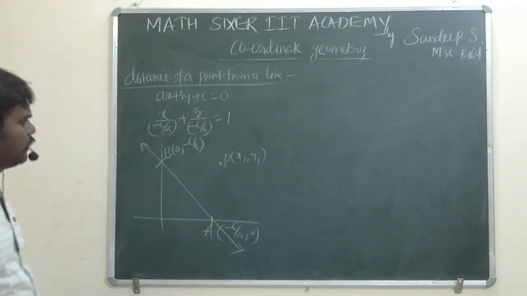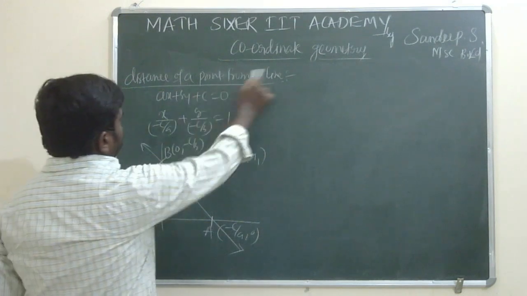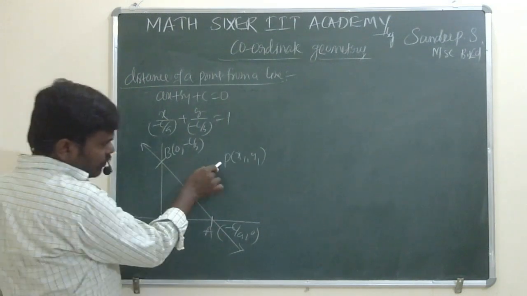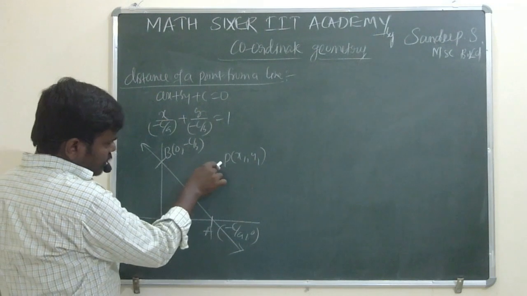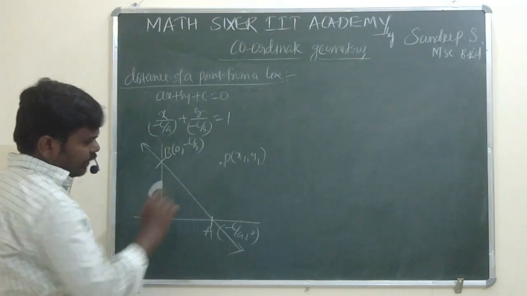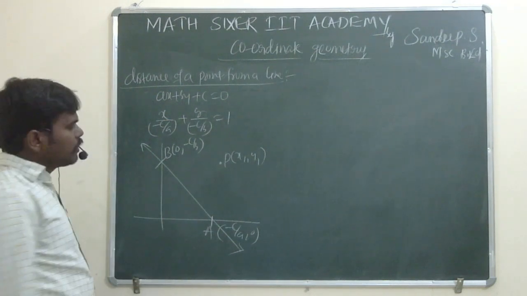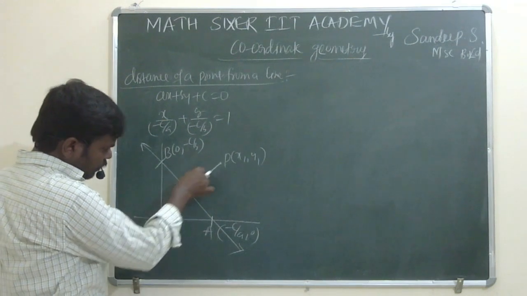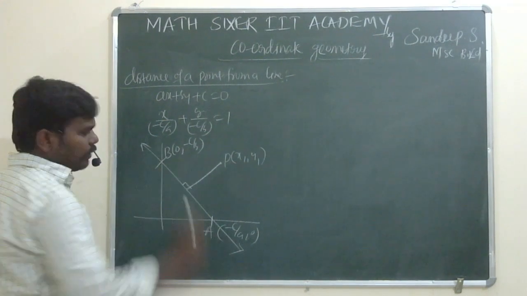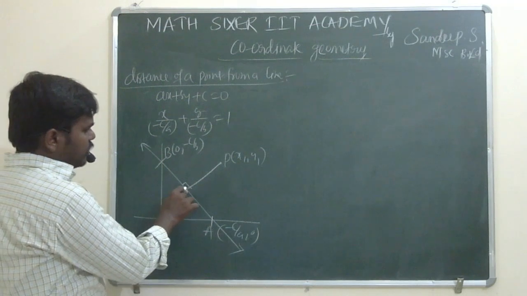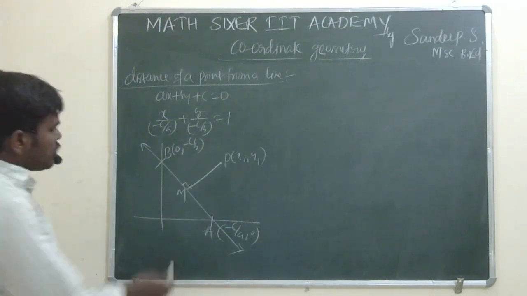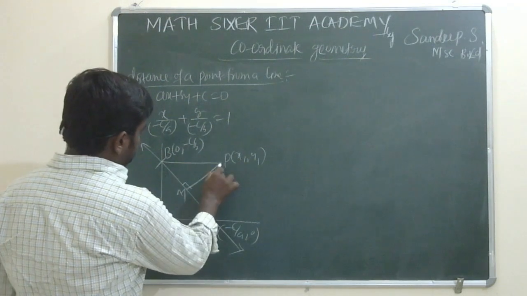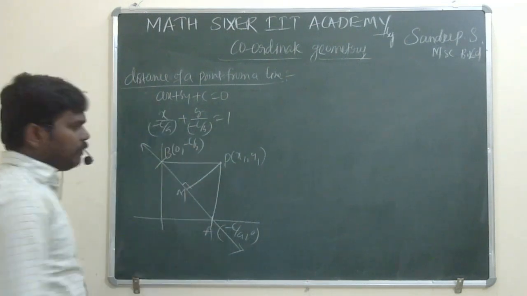Now, distance of a point from a line: what is the distance between the point and the straight line that we have to find. So draw the perpendicular from the point P to the line, let it be M, and simply join B, P and also A, B.